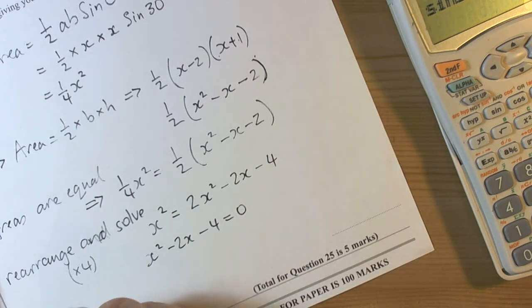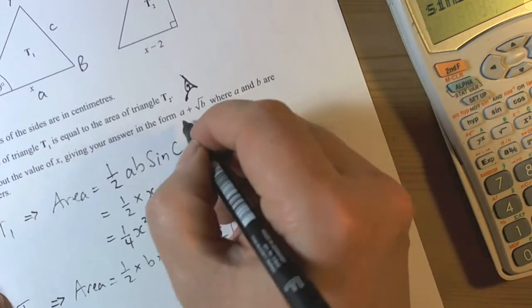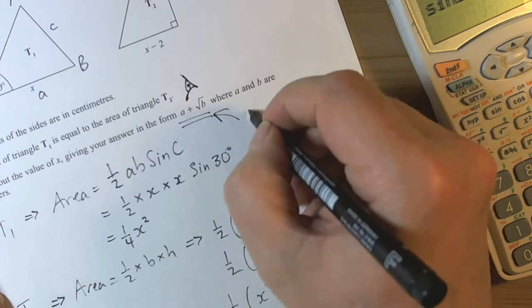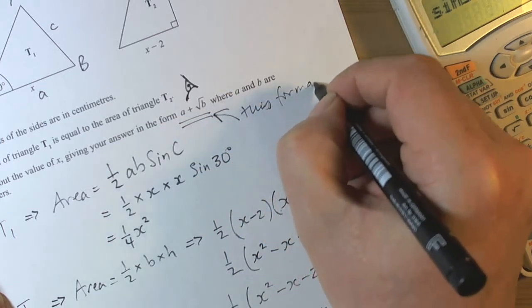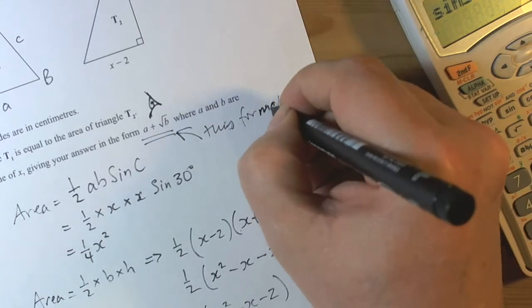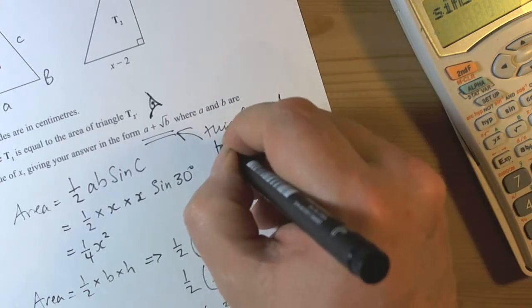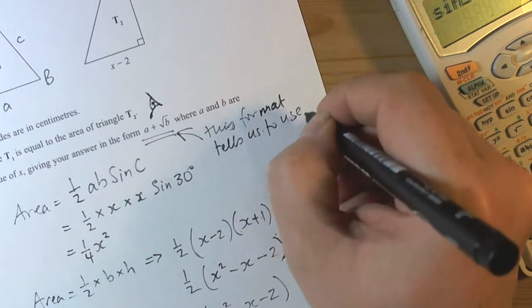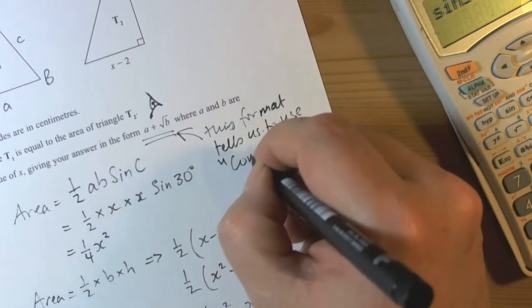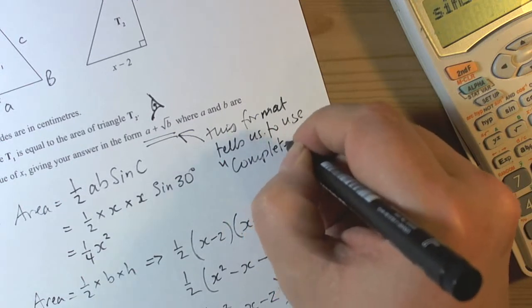Complete the square. The reason we're going to complete the square is because they want the answer in this format, and this format tells us to use completing the square.